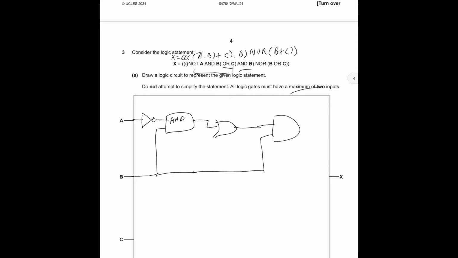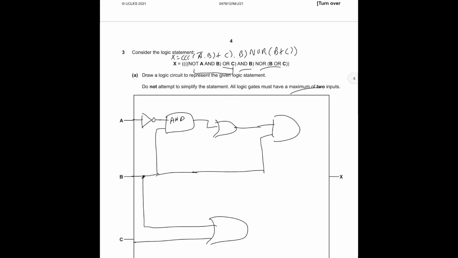Now this is the important part. We go with B again, create a circle there, B or C, and both of them go through an OR gate. Remember, these values are all connected with a NOR gate.